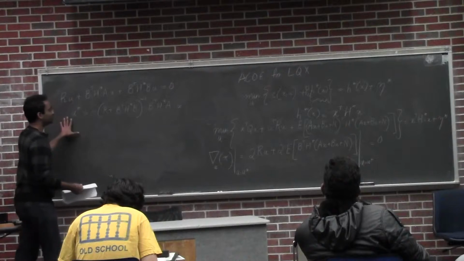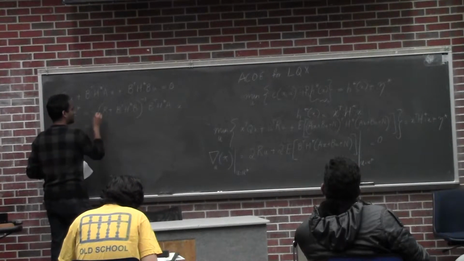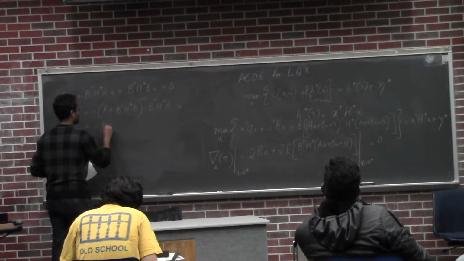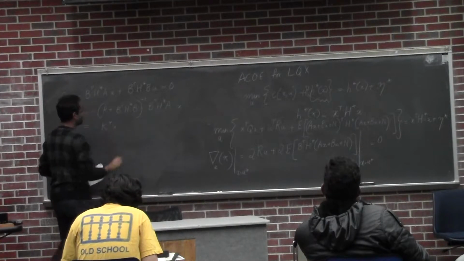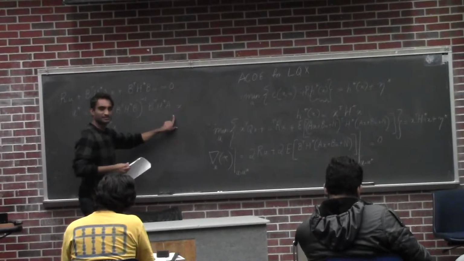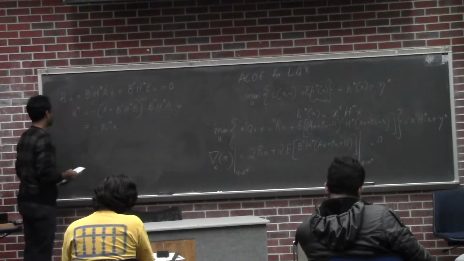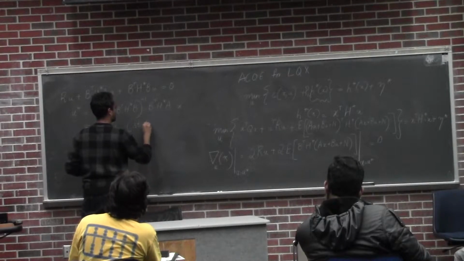So what you have here is an optimal policy in the familiar form of a gain term multiplied by the state, right? Which is the same as your state feedback.